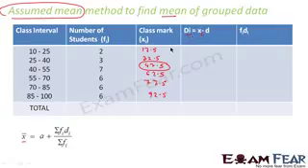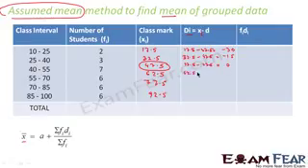Now I have to find di. di is nothing but xi minus A, that is 17.5 minus the assumed mean 47.5, so this value comes out to be minus 30. Similarly here, 32.5 minus 47.5 comes out to be minus 15, and 47.5 minus 47.5 is 0.